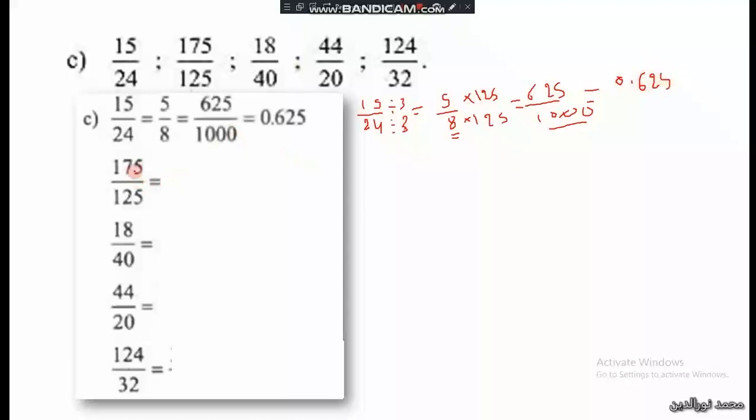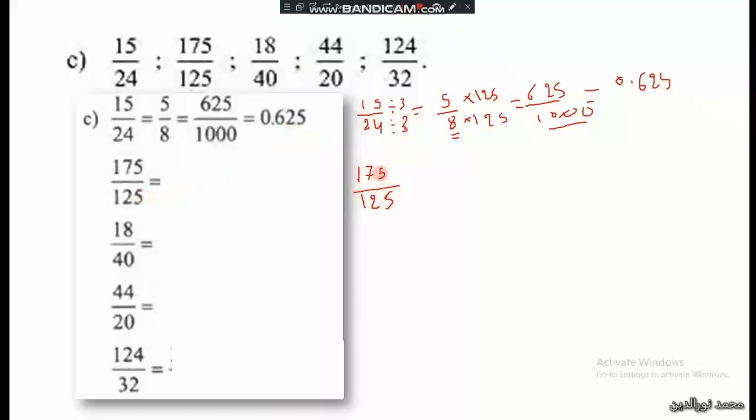Here we have 175 over 125. We could simplify, or we could directly multiply by 8. So let's simplify first. 175 over 125.